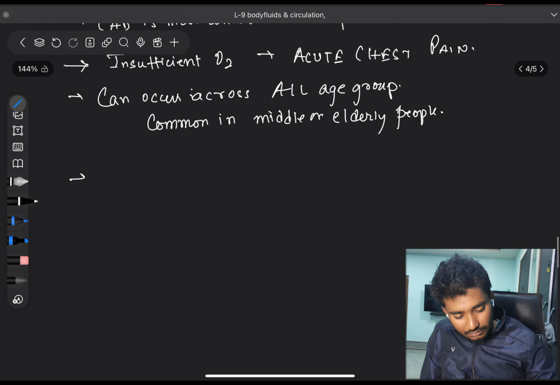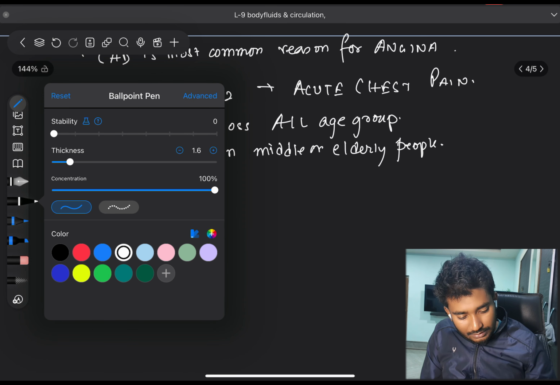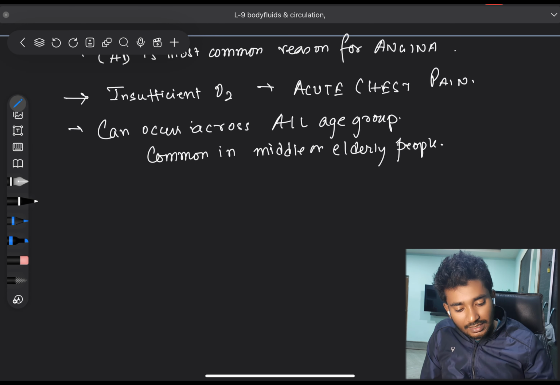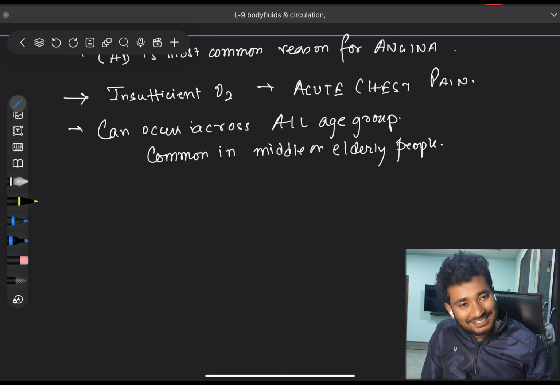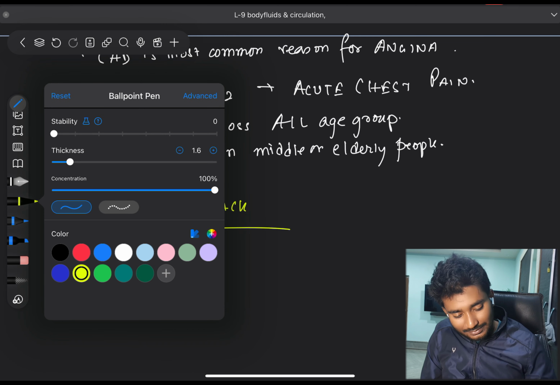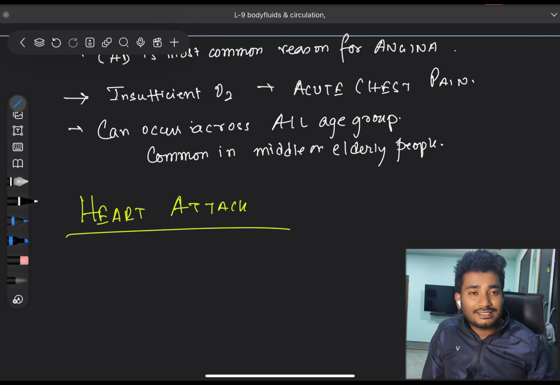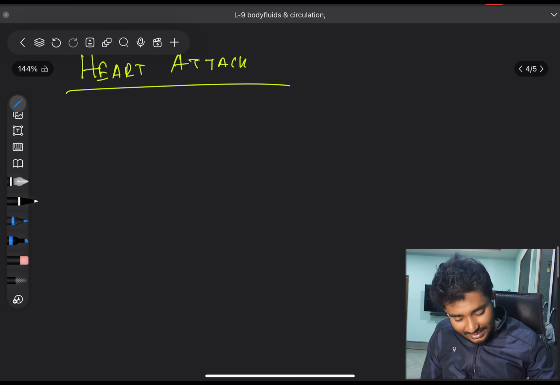Okay, now heart attack. What is a heart attack? When people go and attack the heart? No, it's not that. It's not like that. Heart attack, what is it?